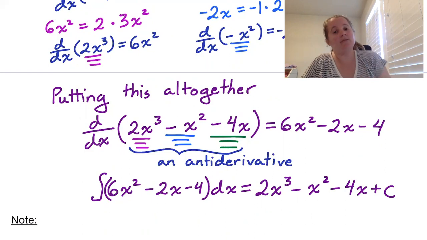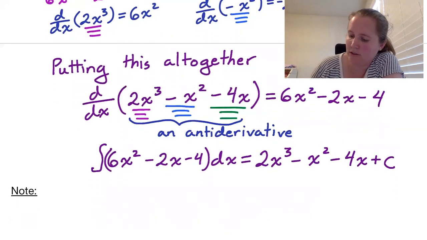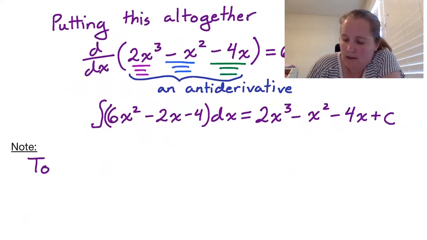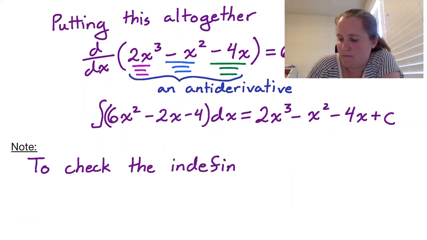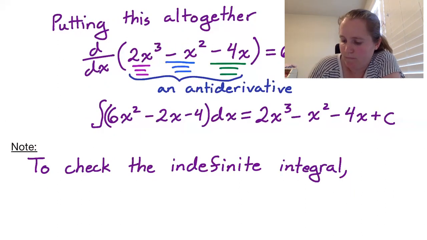So by definition, if we take the derivative, it should spit back out the original function. So note, to check the indefinite integral, just take the derivative of your answer.